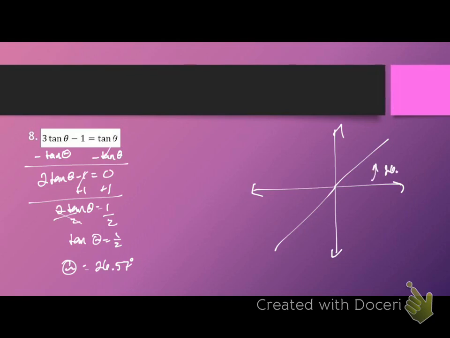So not only is this one of the angle measures that I'm looking for, it's also the distance off of that horizontal. So now I've got to go the distance off of the 180 horizontal. So now I'm going to add 180 plus 26.57. And so we get 206.57. And we're done.